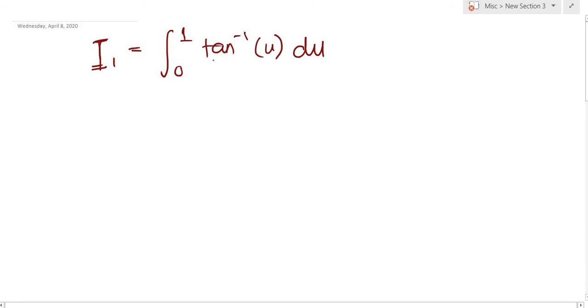Now how can we integrate this inverse tangent? Well, you might know by experience, or if you are not so experienced, let me tell you now that we can only perform integration by parts on this thing. We can only perform integration by parts because there's literally nothing we can do.